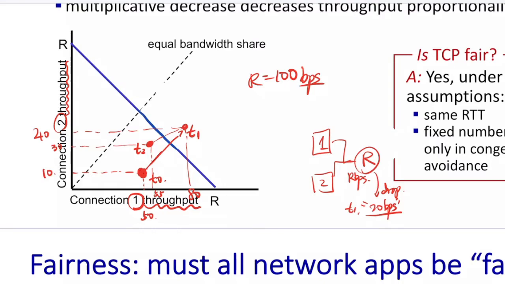So at this moment, connection 1 and connection 2 will increase their congestion window size to another level at T3, and so on and so forth.